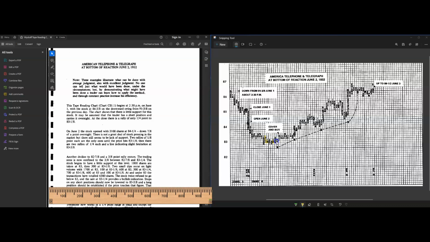Now he's saying if it makes a higher high, go long. Where this 3 is the high that's established above the POC, if it makes a higher high, cover your short position and go long. So he's ready to go long on this breakout. That right there is a higher price and is a breakout.